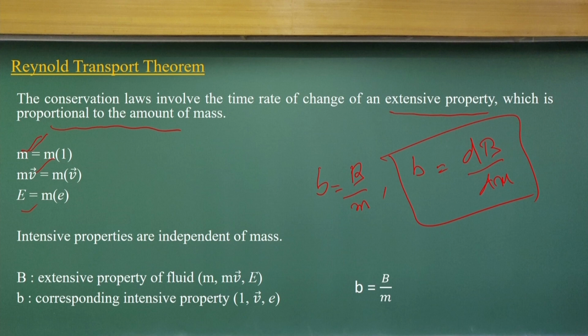For mass conservation, the extensive property is mass and the intensive property is 1. For momentum conservation, the extensive property is momentum, but the intensive property is the velocity vector. Similarly, for energy conservation, the extensive property is energy, but the intensive property is a small e, the specific energy, that is, energy per unit mass.